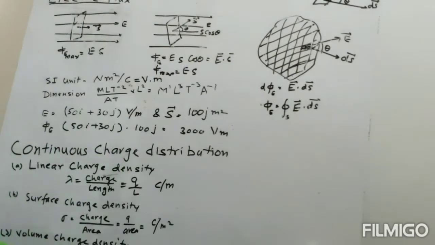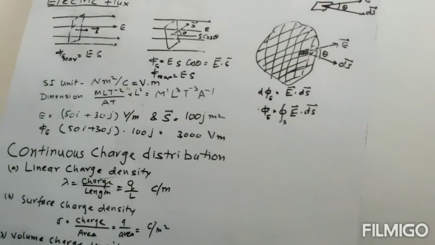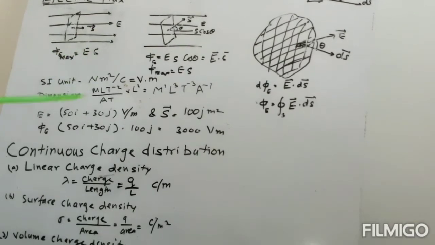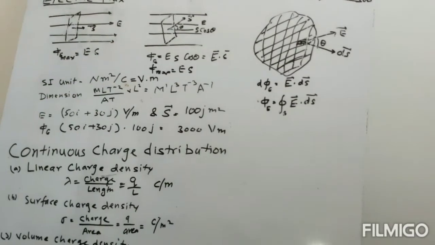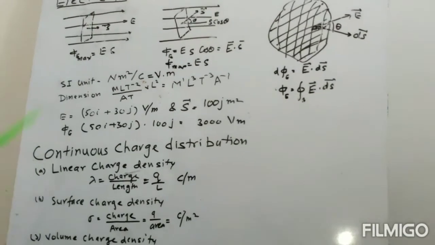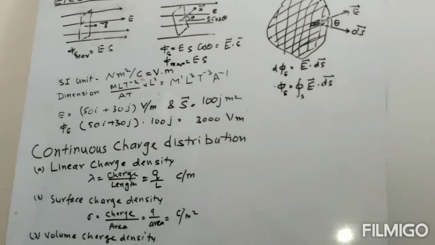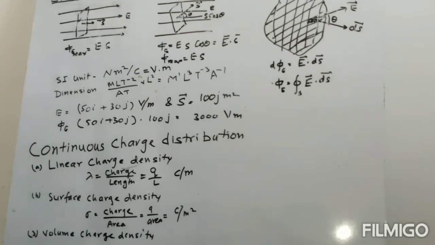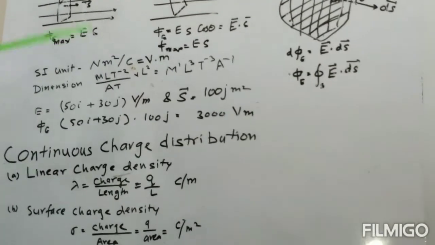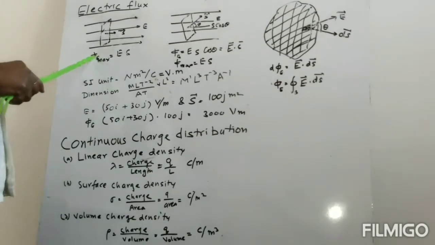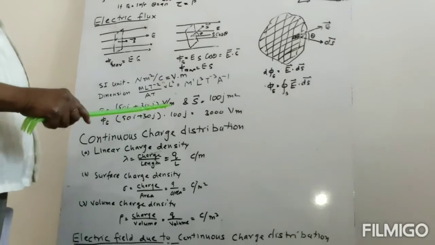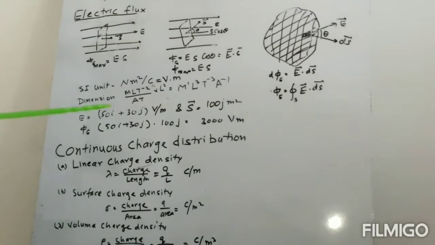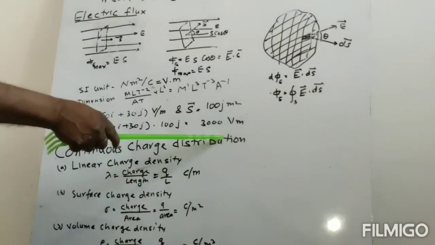Now what is the electrical flux? Electrical flux is the strength or number of the electrical field lines which are passing through this area. Now we can find the numerical value of electrical flux when electrical field and the area are given.